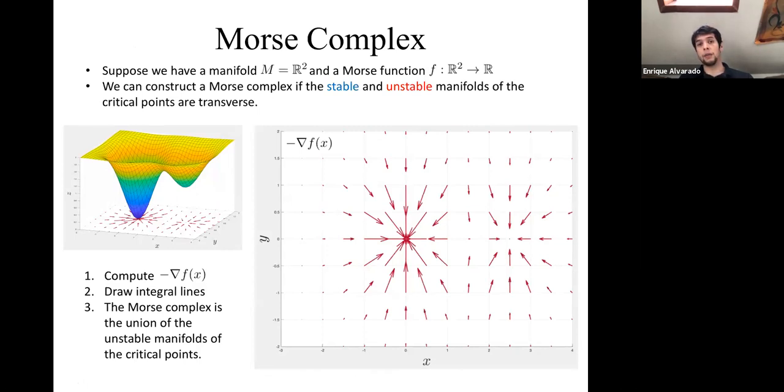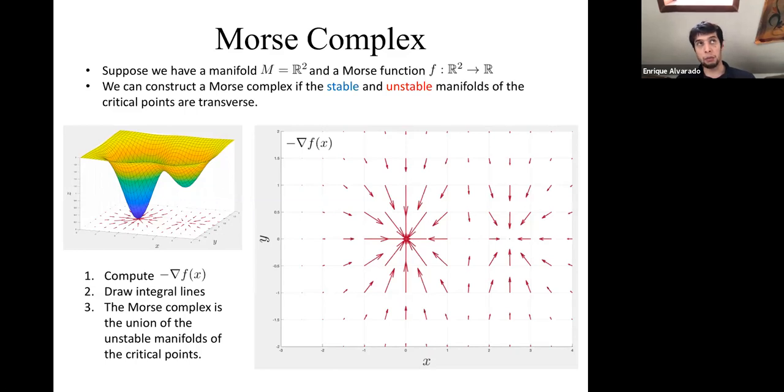One thing that we need for the real value function to satisfy is that the gradient of this function needs to be something that's called Morse-Smale, and what that means is that the unstable and stable manifolds of the critical points are transverse.